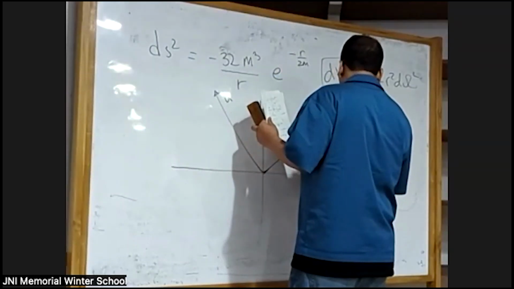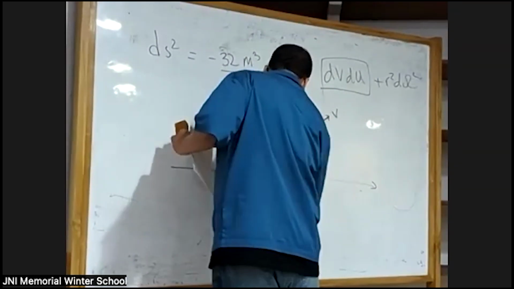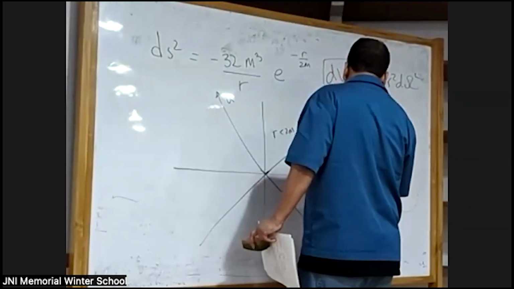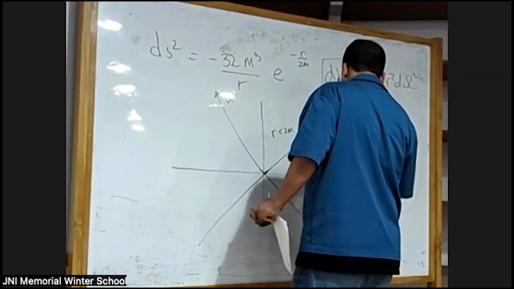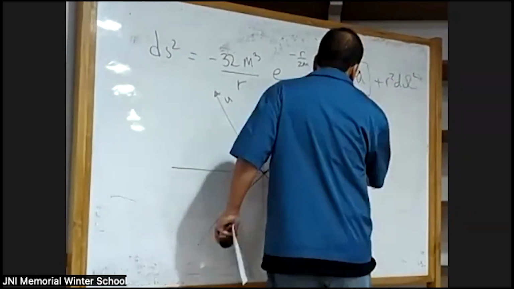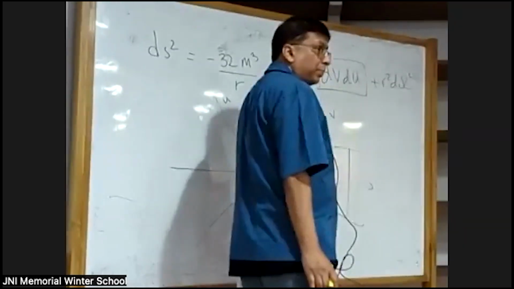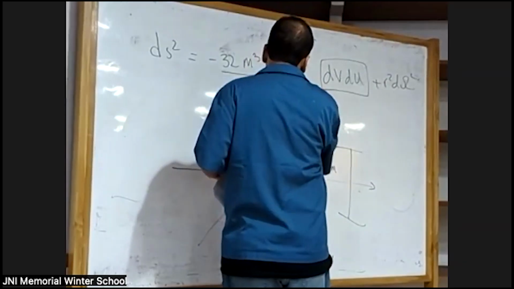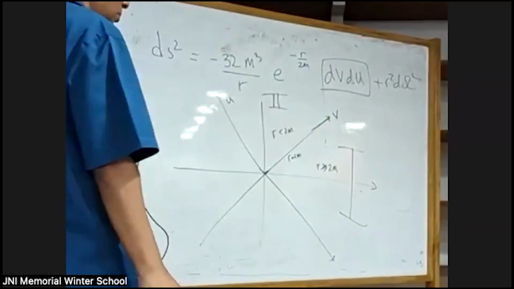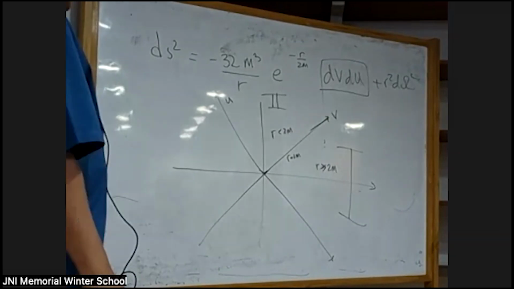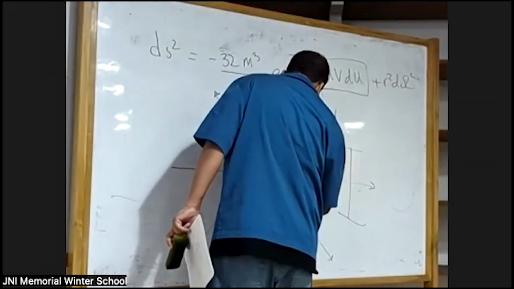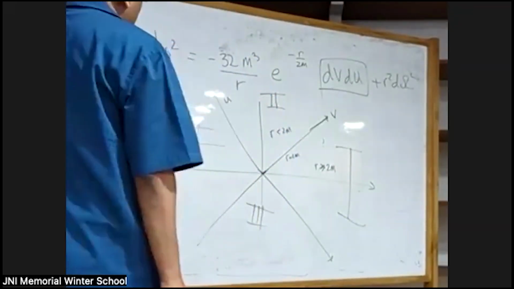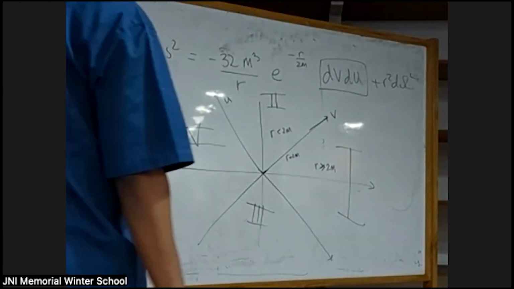This is when R is big, bigger than 2m. This region we will call region 1. This region we call region 2. But then there are 2 extra regions, region 3 and region 4.